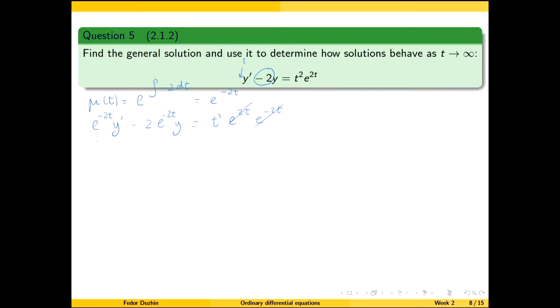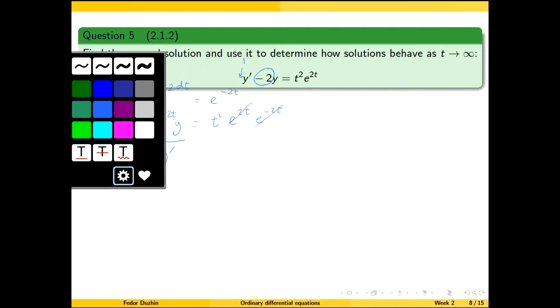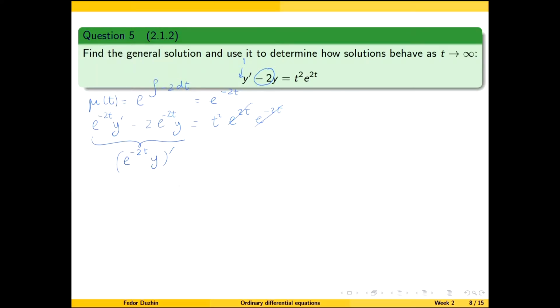Now, the whole point of doing this integrating factor is that now the left-hand side of our differential equation is the derivative of the product of the integrating factor and y. Just for your information, I did it in the lecture, but I can do it again. If you want to find this derivative, you do it by the product rule.